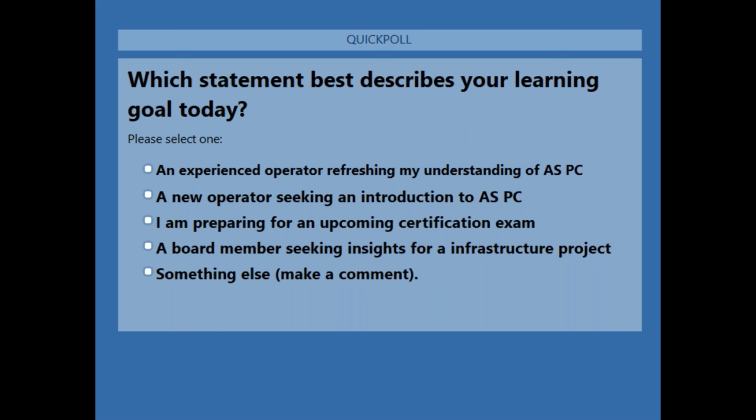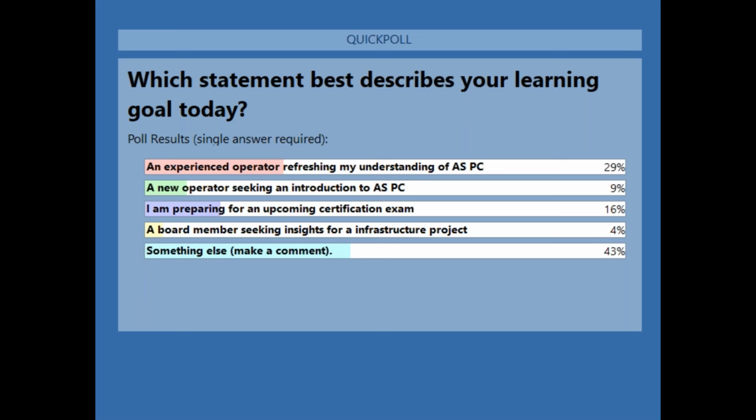All right, I am closing the poll in 3, 2, and 1. All right, so it looks like our highest percentage, 43%, said something else, make a comment. So let's see what people are saying in the box here.